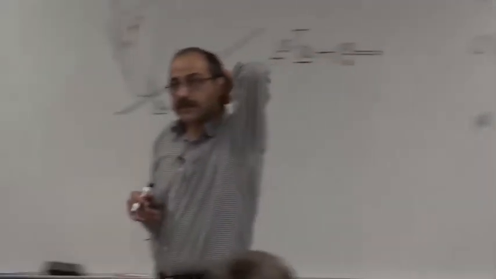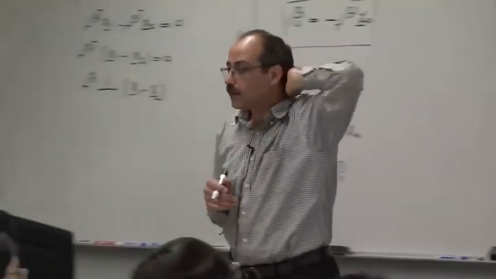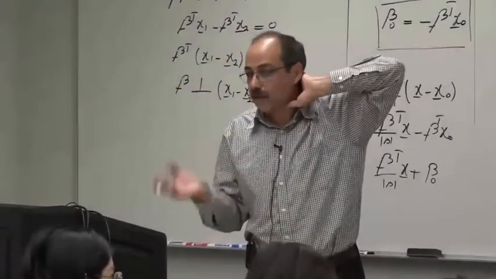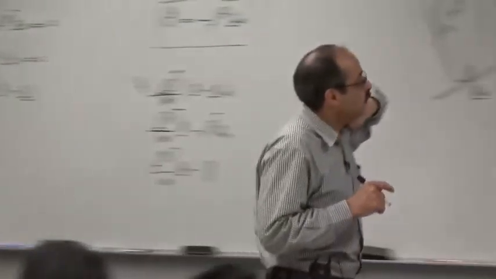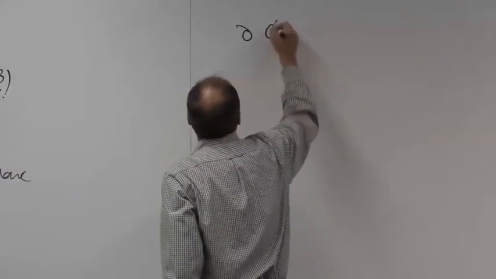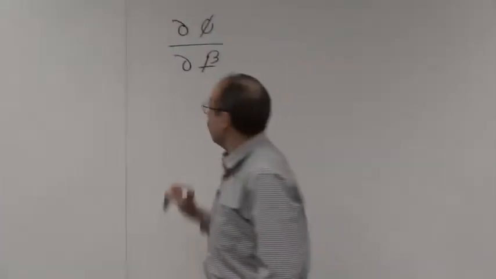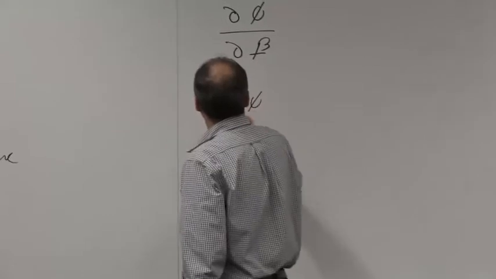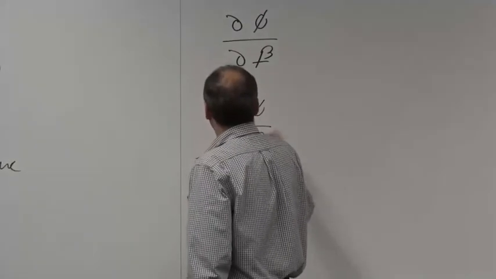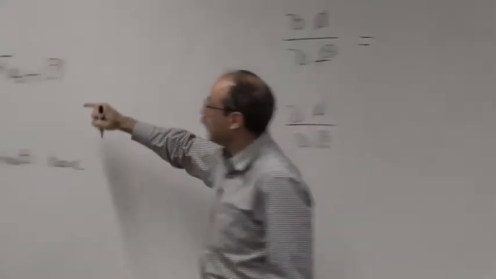How can I do that? Use derivative. Take the derivative of this function with respect to beta, and take the derivative of this function with respect to beta null. What is the derivative with respect to beta?